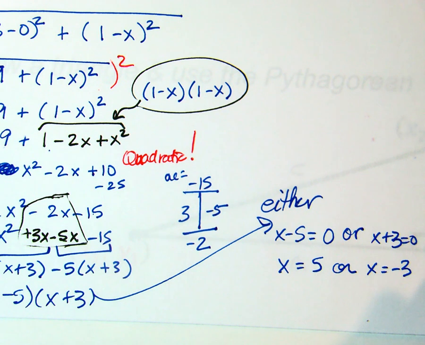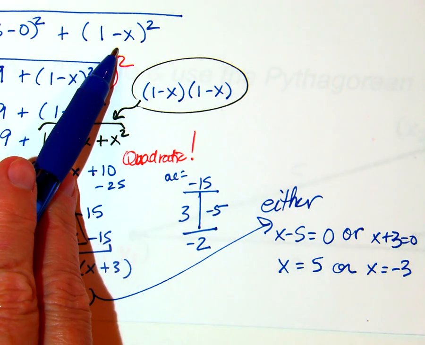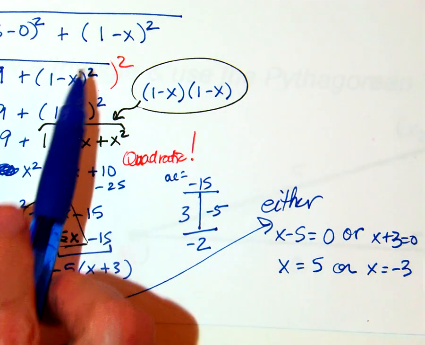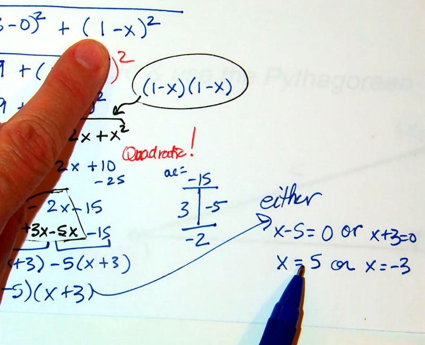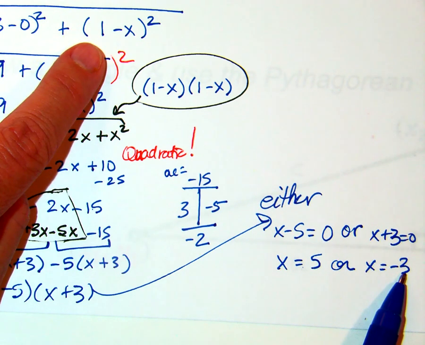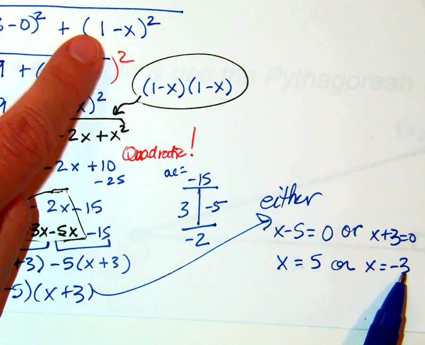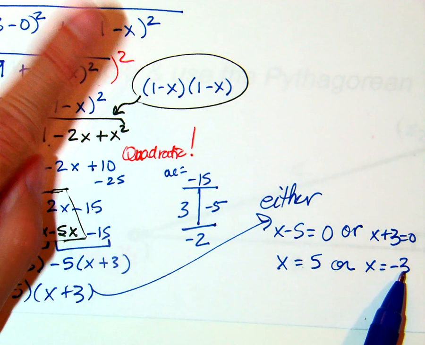Both of these work. If you substitute it back in here, you're going to get the same thing. If you put in 1 minus 5, that'll be 4 squared, which is 16. If you put in negative 3, 1 minus a negative 3, that'll be positive 4 squared, which is 16.